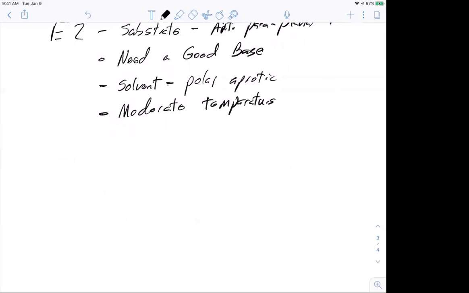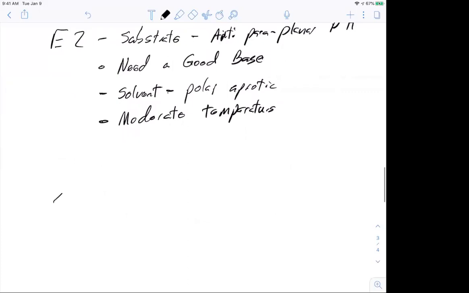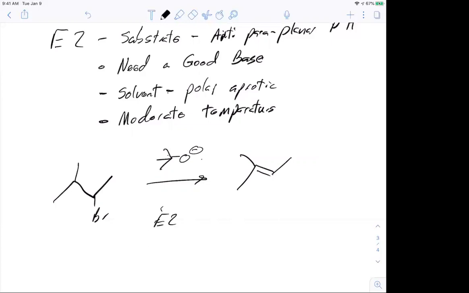So sometimes it's going to be pretty straightforward what the reaction is, but often the problem with these reactions is, let's say that I just put in a decent base here, or let's put in a good base. This one most likely is going to go through E2. I've got a strong base.